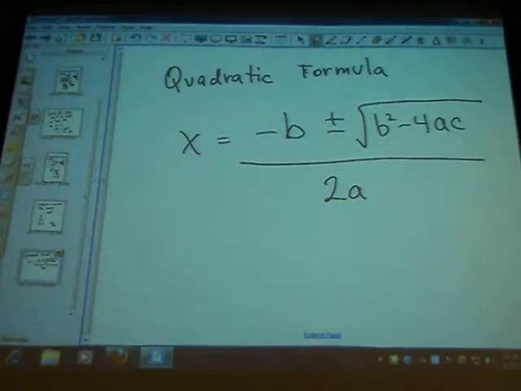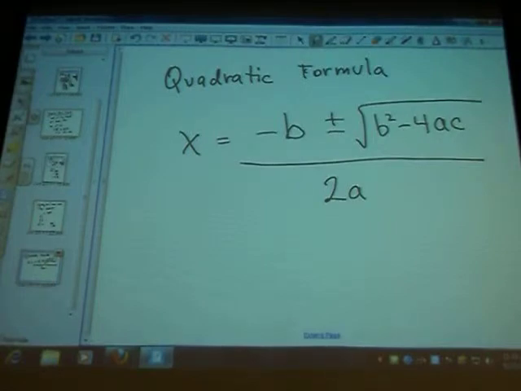Okay, guys, singing. Alright, on the count of 3. x equals negative b plus or minus square root of b squared minus 4ac all over 2a. That was weak.